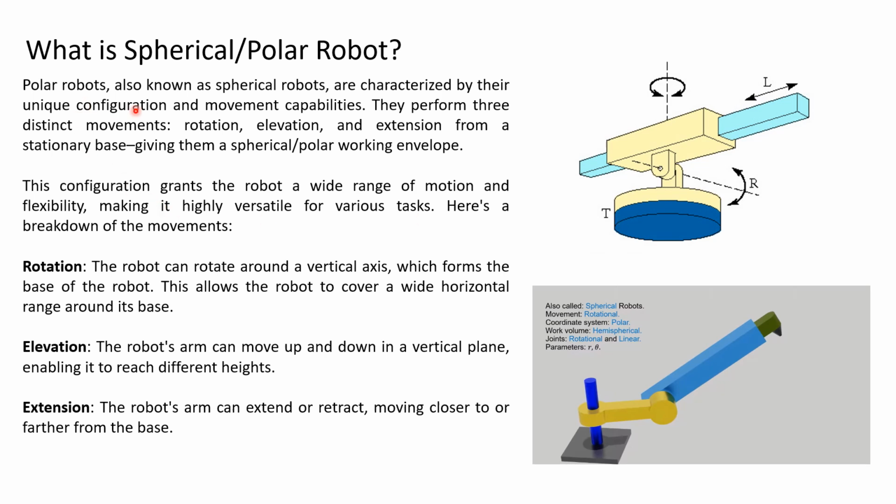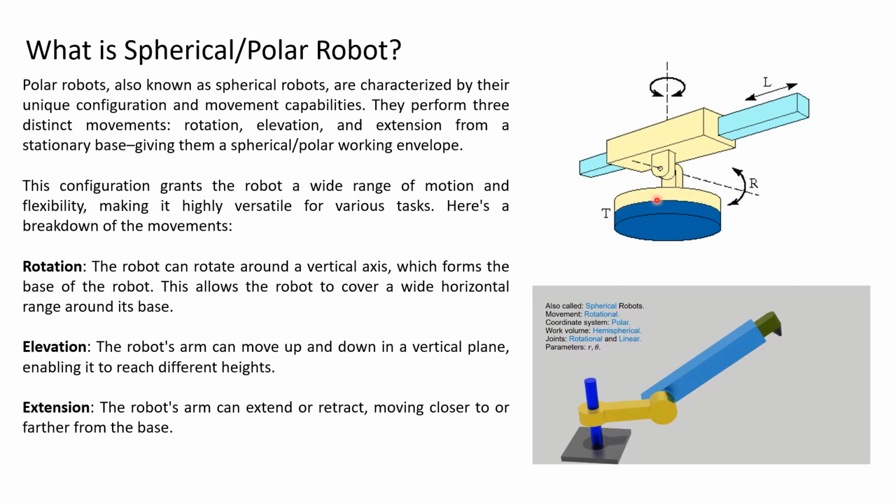So the polar robots are also known as spherical robots and are characterized by their unique configuration and movement capabilities. So they perform three different movements: rotation, elevation, and extension. So rotation, the robot can rotate around a vertical axis which forms the base of the robot.